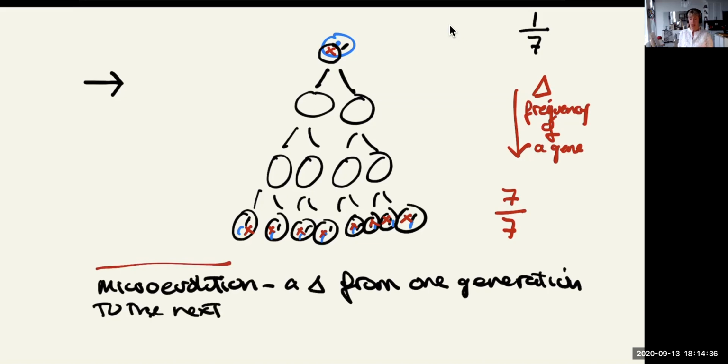You and I are products of microevolution because we're not exactly the same as our parents. Indeed, we got 23 chromosomes from mom, and we got 23 chromosomes from dad, and that's me. I have a brand new combination of chromosomes.